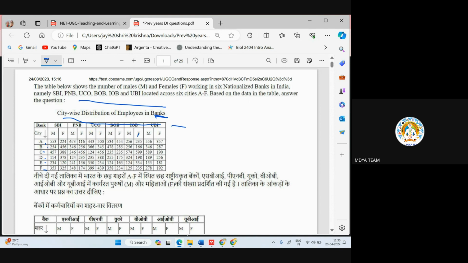So in this city, in this bank, these are the numbers of males and females. Like in SBI, in city A, 553 males are working in SBI, and in the same city A, 224 females are working in SBI. So everyone now understood the table.